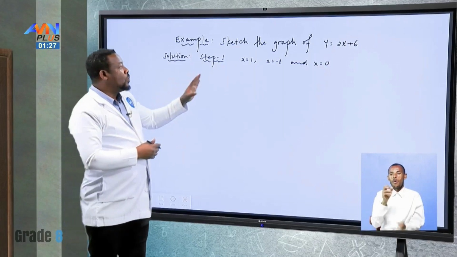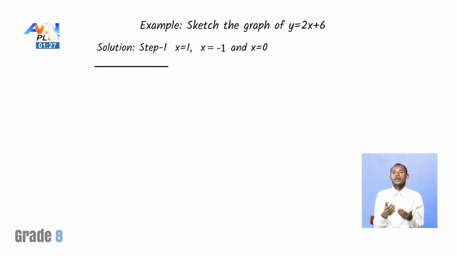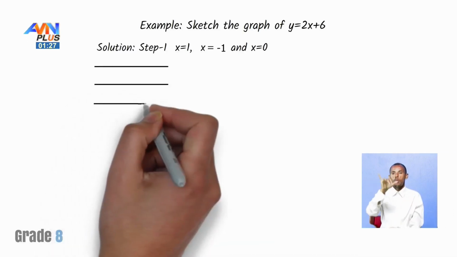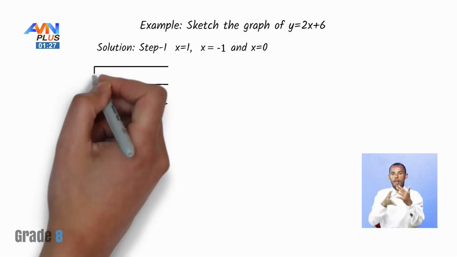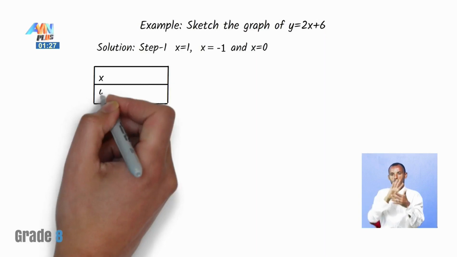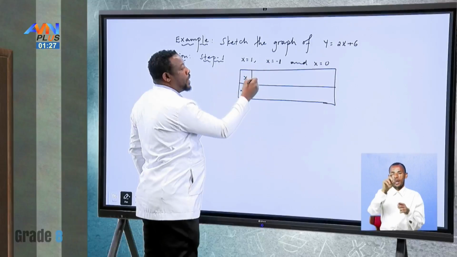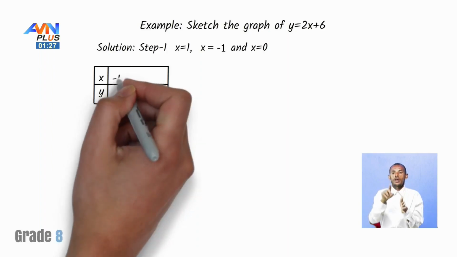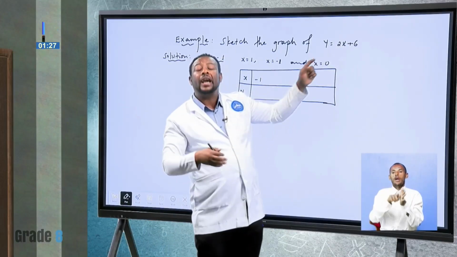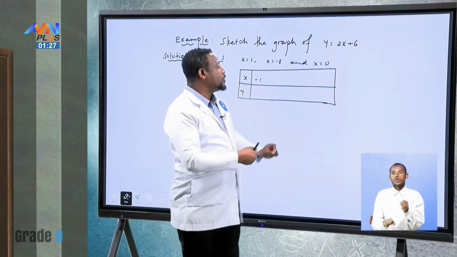Okay, so you can simply construct a table of values containing x and y, right? Say the first row contains x values and the second contains y values. So whenever x is -1, we will substitute -1 here and obtain the value of y, right?